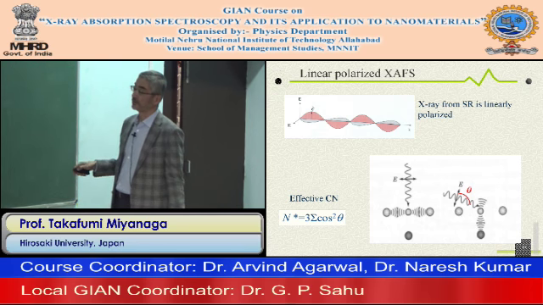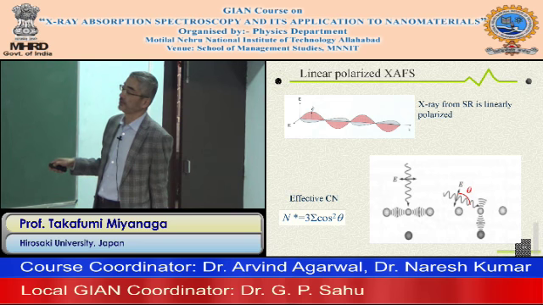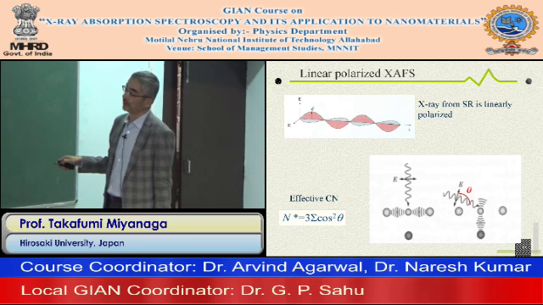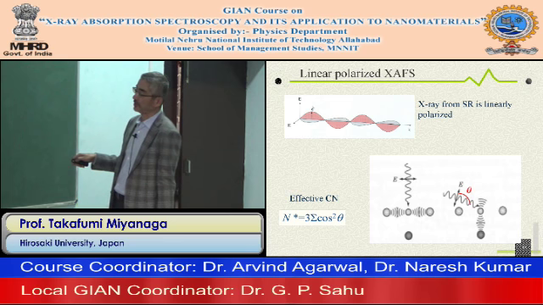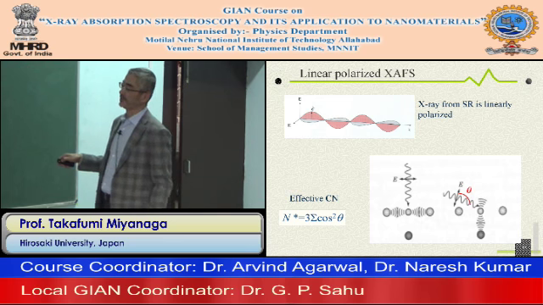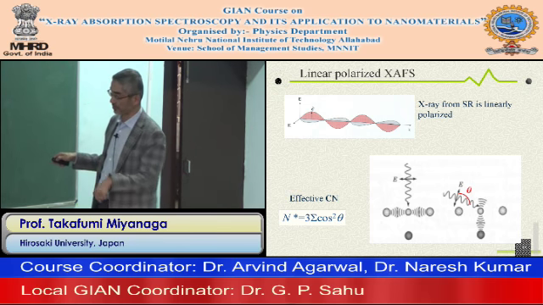For example, I showed you already in the previous lecture: the electric vector is parallel to the AB planes, so only this information is obtained. In the case of glancing angle incidence, the information comes from the perpendicular direction to the surface.